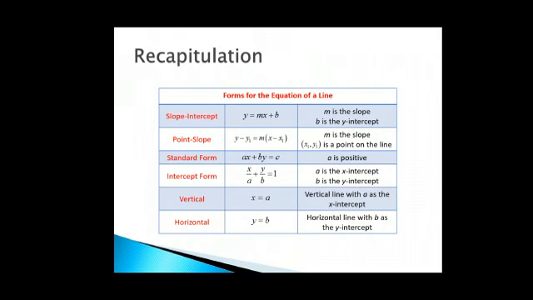Intercept form is x upon a plus y upon b is equal to 1, where a and b are the intercepts on x and y axis respectively. Let us recall the things which you have studied in 10th. A vertical line, the equation of that line is given as x is equal to a, and horizontal line is y is equal to b.